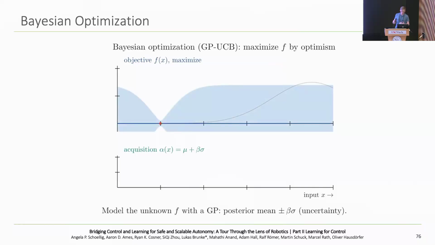A very standard way to sample additional points: at the top we have our objective function that we want to maximize in this case. You can see the ground truth function in gray and the uncertainty around this function in light blue shaded. And this is the upper confidence bound method.